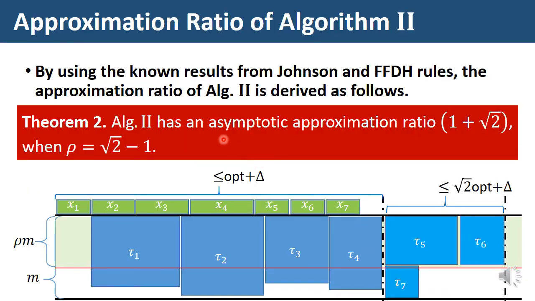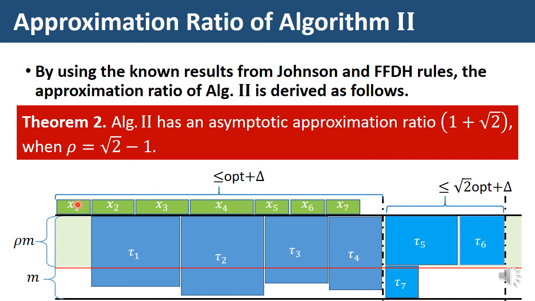By using the known results from Johnson and FFDH rules, the approximation ratio of algorithm 2 is derived as follows. Algorithm 2 has an approximation ratio of 1 plus square root of 2 when rho equals square root of 2 minus 1. The proof of this theorem contains two parts.